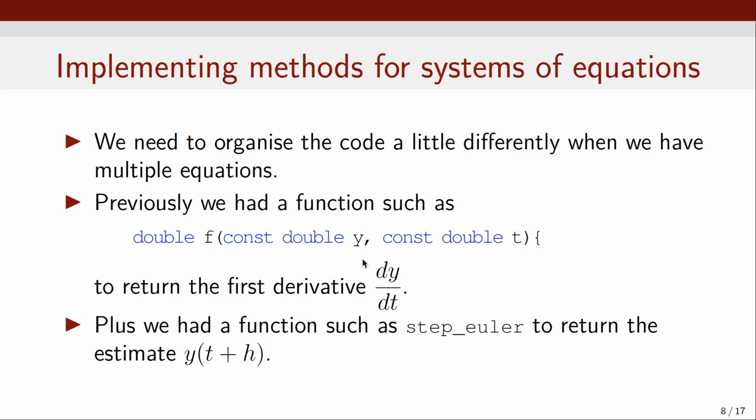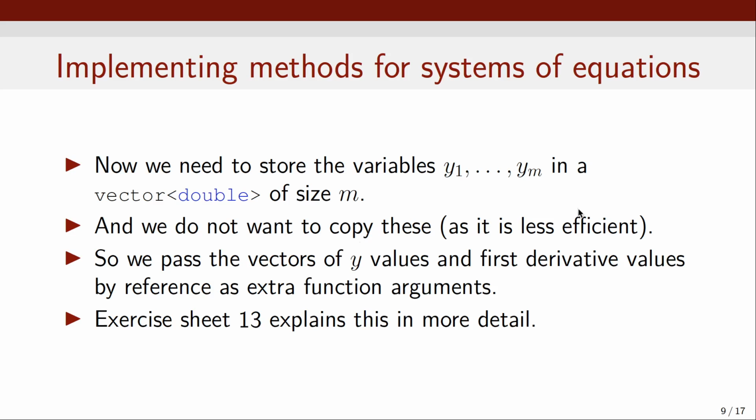Well, now we don't have one scalar function y here as input. Instead, we have a vector of y components. So that means we need to store the variables y1, y2, and so on up to ym in a vector of doubles of size m.